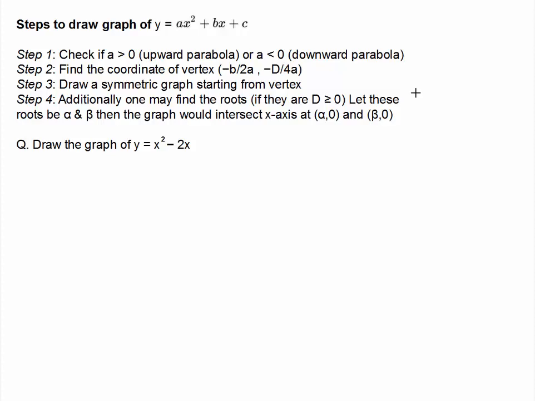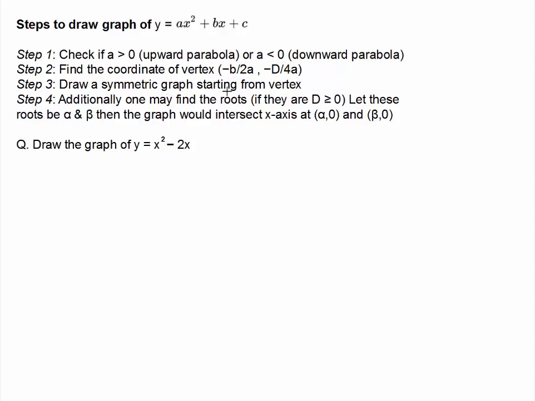Now that we have understood the various types of graphs, let's see the steps to actually draw the graph of y equals ax square plus bx plus c. So step 1 is, we first check whether a is positive or negative. Accordingly, it will be an upward parabola or a downward parabola. Next, we find the coordinates of the vertex, which is minus b by 2a and minus D by 4a.